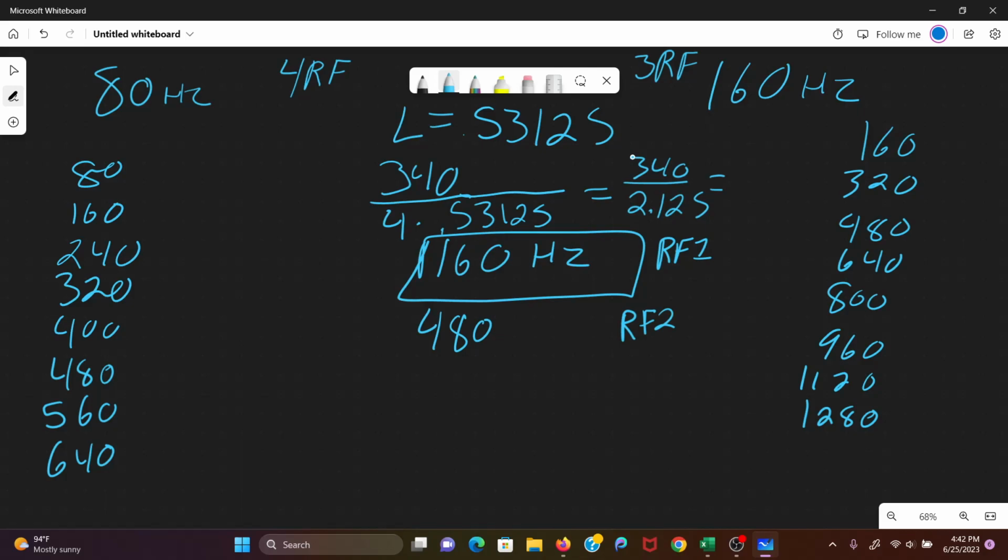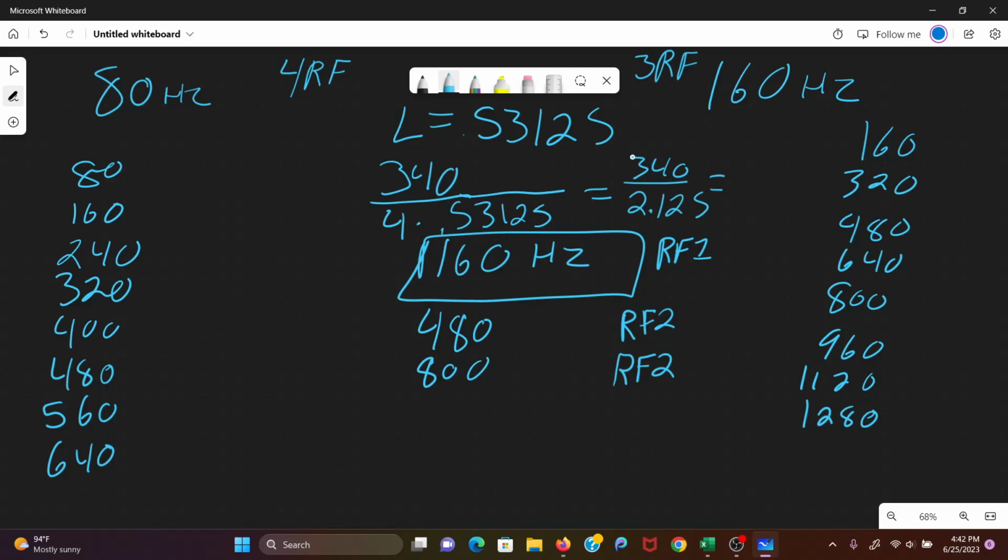That's resonant frequency 2. The third resonant frequency, 2 times 3 minus 1. 2 times 3 is 6. Minus 1 is 5. 160 times 5 is 800. And the fourth one is 2 times 4 minus 1. 2 times 4 is 8.